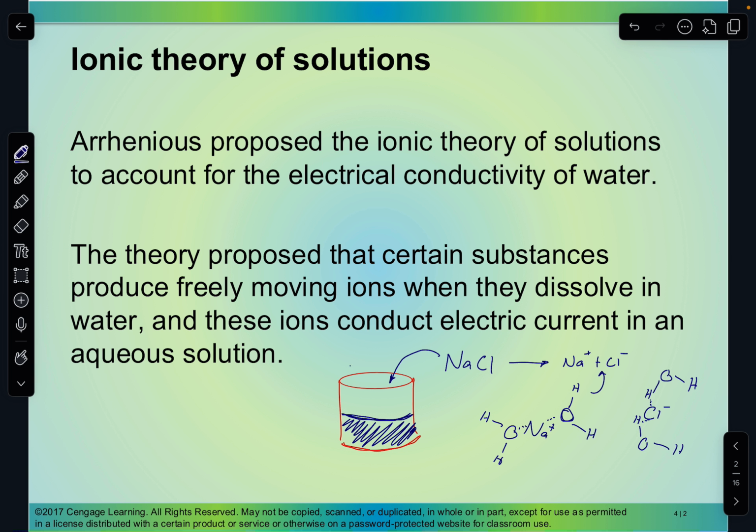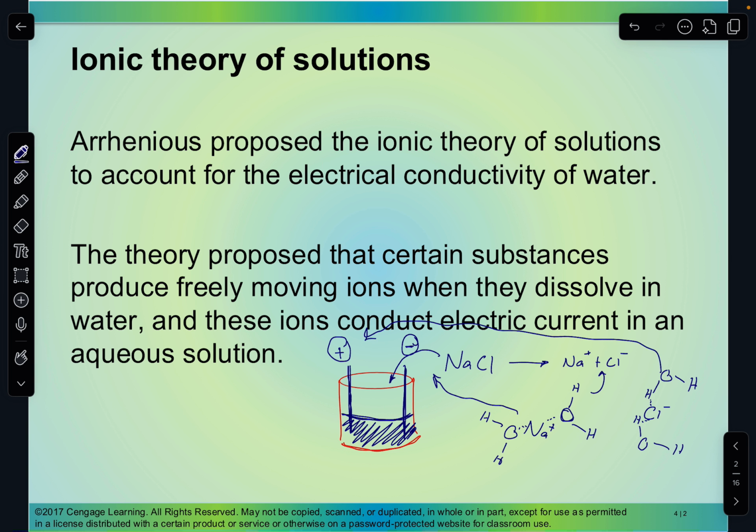And so if you were to take an electrode and another electrode, a positive and negative electrode, then the negatively charged electrode would attract positively charged sodium. The positively charged electrode would attract negatively charged chlorine.